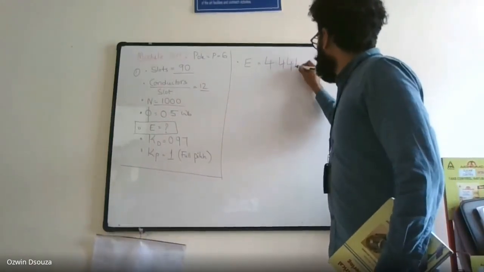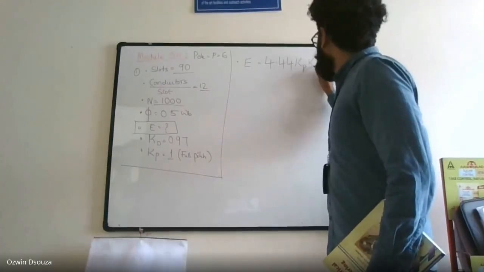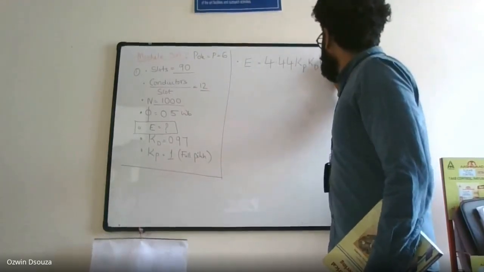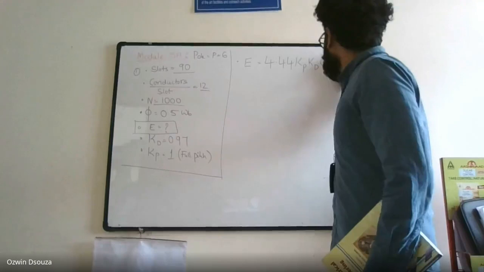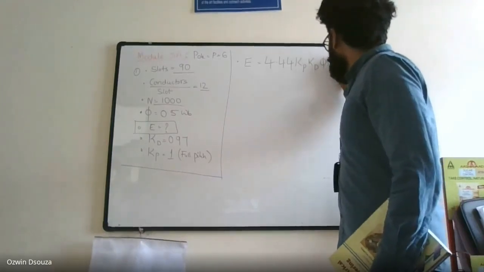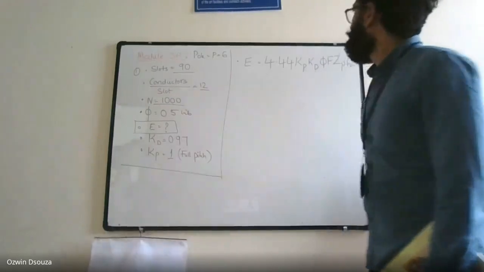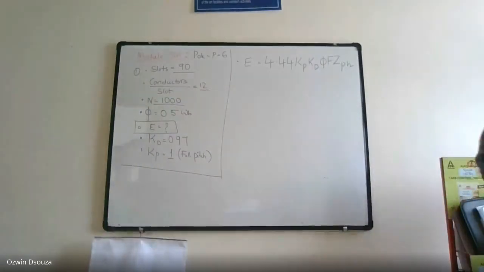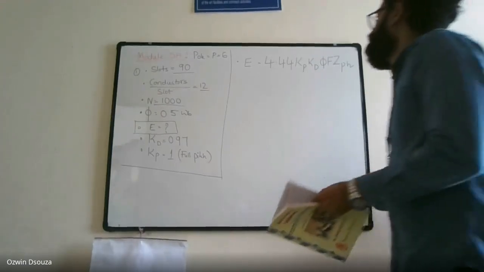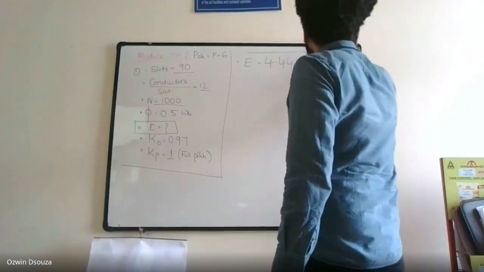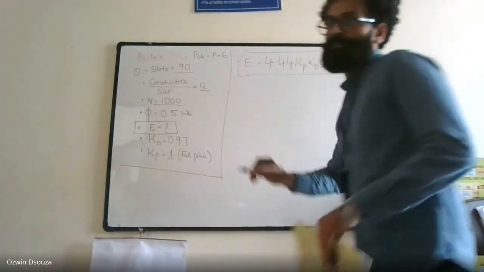4.44 Kp Kd f Φ Z phase. So that's your EMF equation.